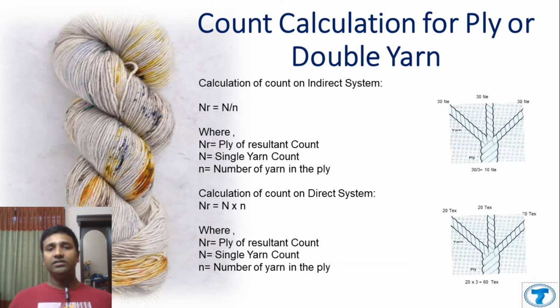In short, in the indirect count system you get the resultant count of the ply yarn by dividing the single yarn count by the number of ply. For the direct count system, you multiply the single yarn count by the number of ply to get the resultant count of the ply yarn.